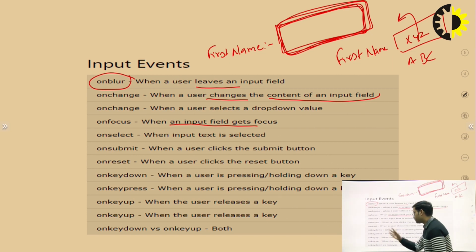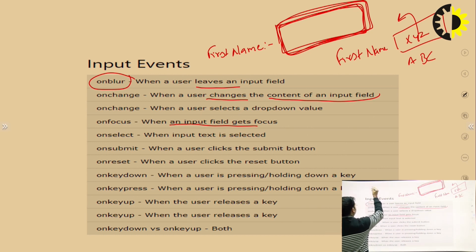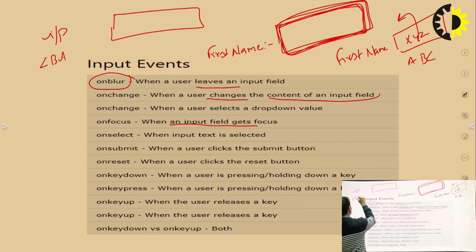Let us take an example for this event. If we consider a button, right? So this is the button created by the input element or through the button tag, right? Then through the button we put the box like this, and the value of this button is named submit.